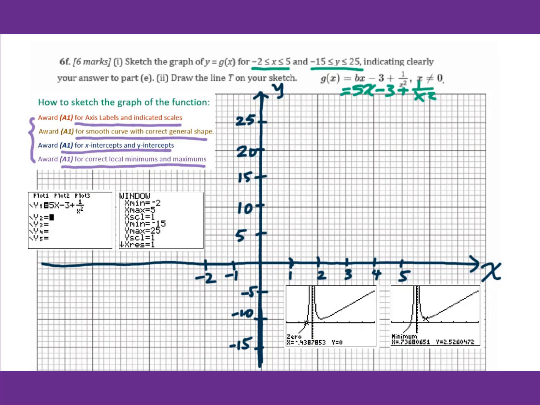Therefore, we put the function into the graphing calculator. Make sure the window is set up as given. The x-intercept is 0.439, you will get it over here. The minimum point is 0.737 and 2.5.